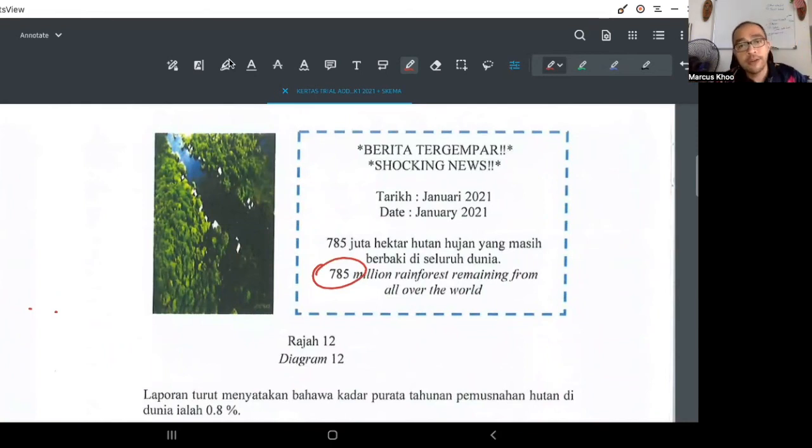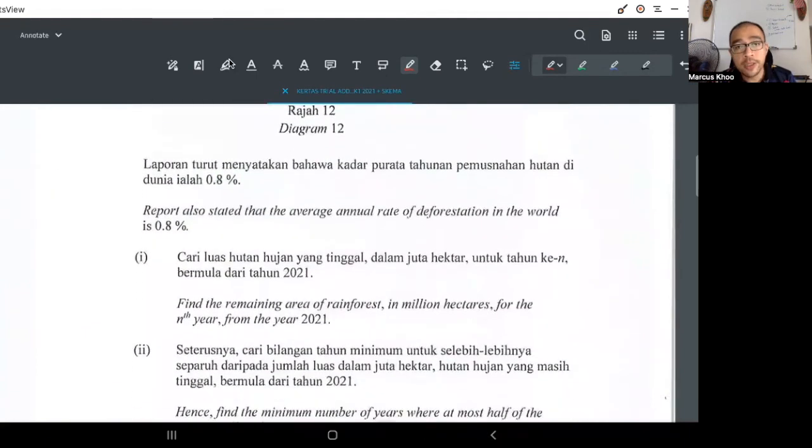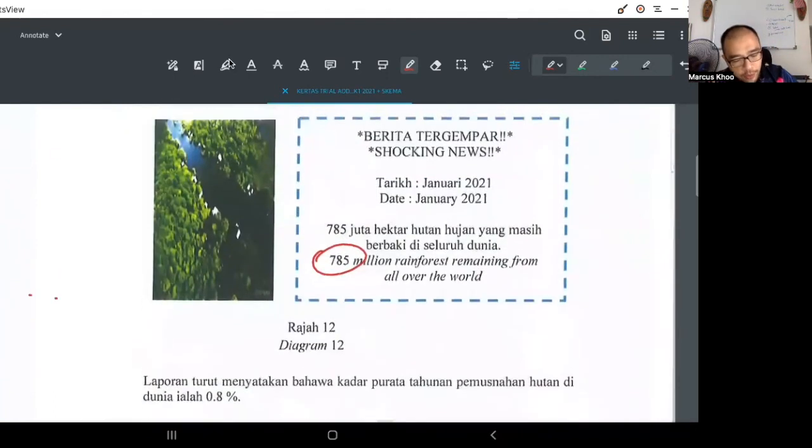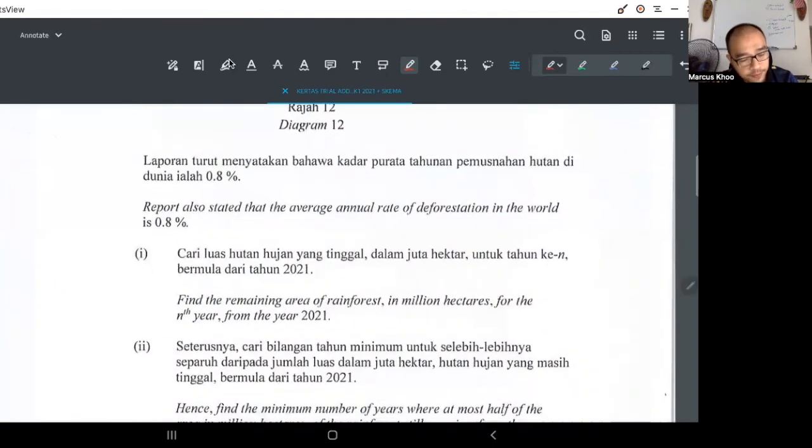Now, the report also stated that the average annual rate of deforestation is 0.8%, which means that if you are starting with 785, less 0.8% will give you, this one you have to calculate on your own.